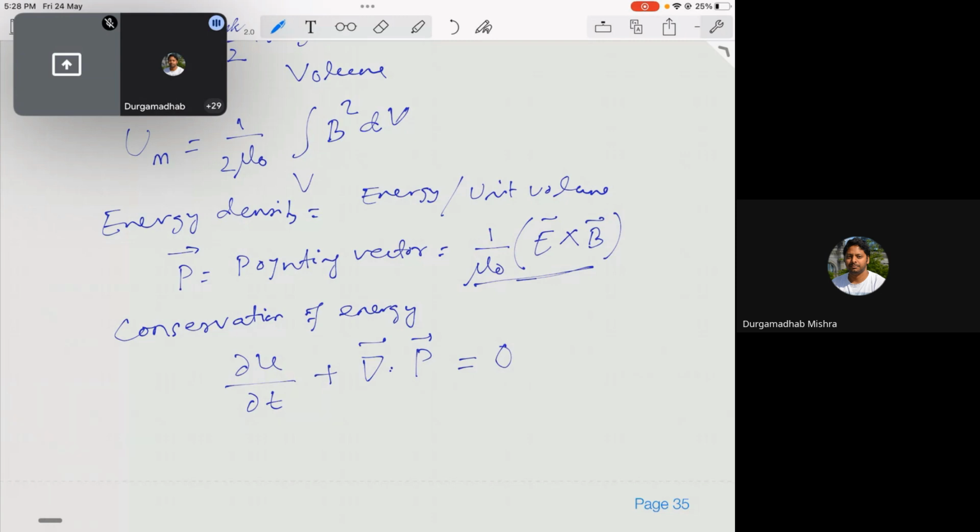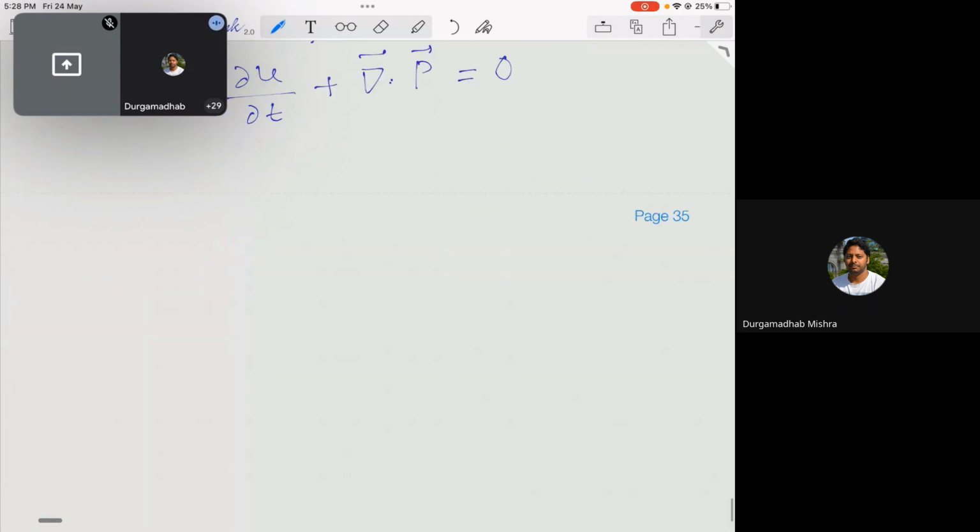When you look at a potential, whether it is the scalar or vector potential, the definition of this potential depends on a reference point.